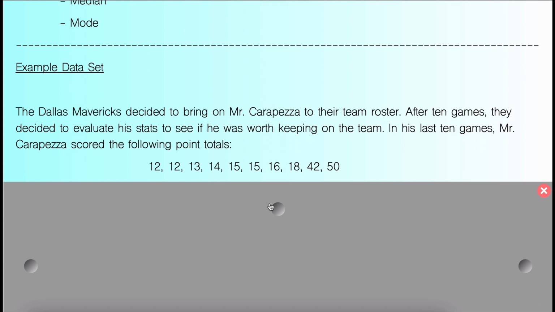And so one of these measures that they could use is what's called the mean, M-E-A-N, the mean. And the mean, another word for that is average. And the average, which I think some of you already know what this is, the mean or the average of a set of data is found by two steps.